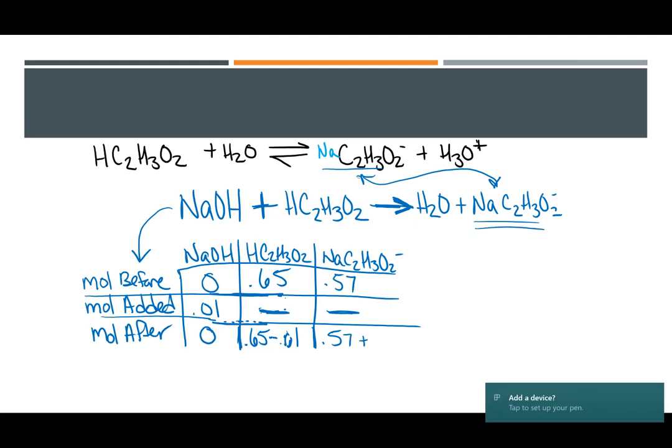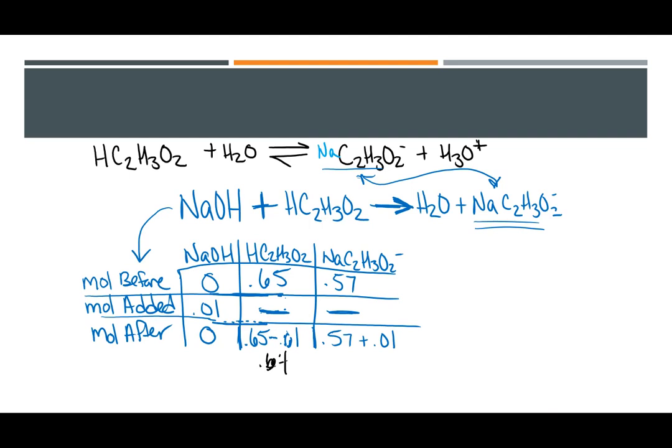It's creating more of it, plus 0.01. Okay. So if I plug this into my calculator, we're going to have 0.65 minus 0.01. So this is going to be 0.64. And this is going to be 0.75 plus 0.01. So this is going to be 0.76.